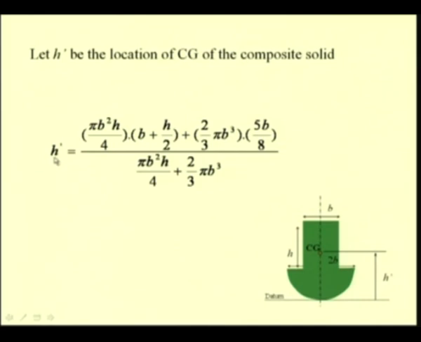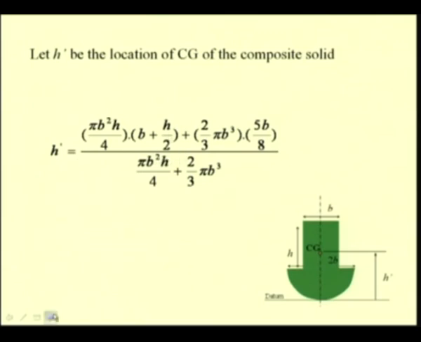Now, the location of the CG H prime is equal to the sum of these two quantities, that is, the volume of the cylinder into its location of the CG, which gives the first moment, plus the volume of the sphere times its location of the CG, divided by the volume of the composite solid. So, from this expression we get the expression for H prime.